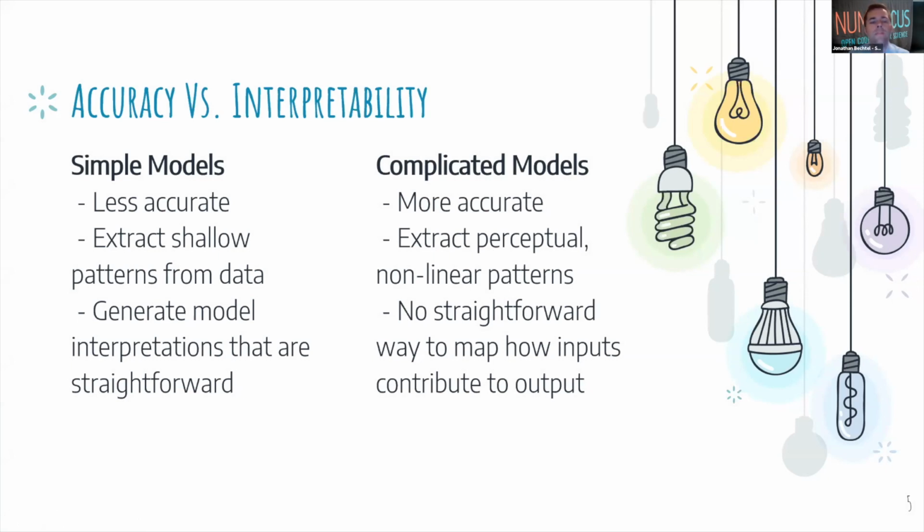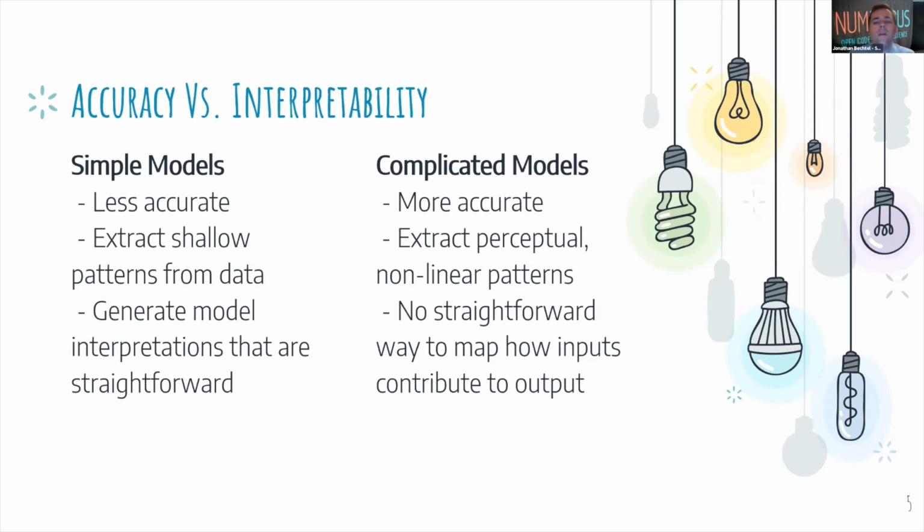Simpler models typically are not as powerful for finding generalizable patterns inside your data. Their learning technique tends to be a bit on the shallow side. But one of their big benefits is that being able to interpret these models is typically fairly straightforward. Once you fit them, you have pretty clear explanations in terms of what's happening.